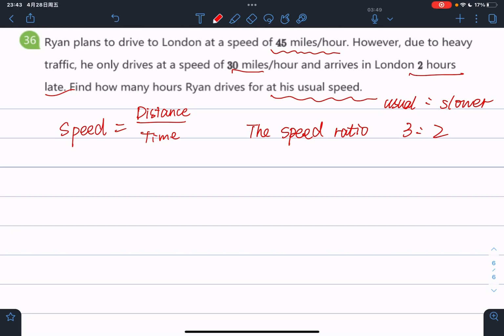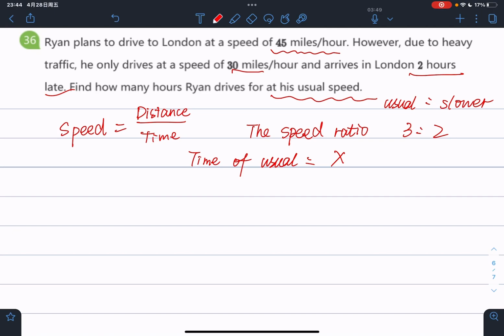So now let's represent the time Ryan would have taken at his usual speed as x hours. So the time Ryan would have taken at his usual speed, time of usual, is x hours.